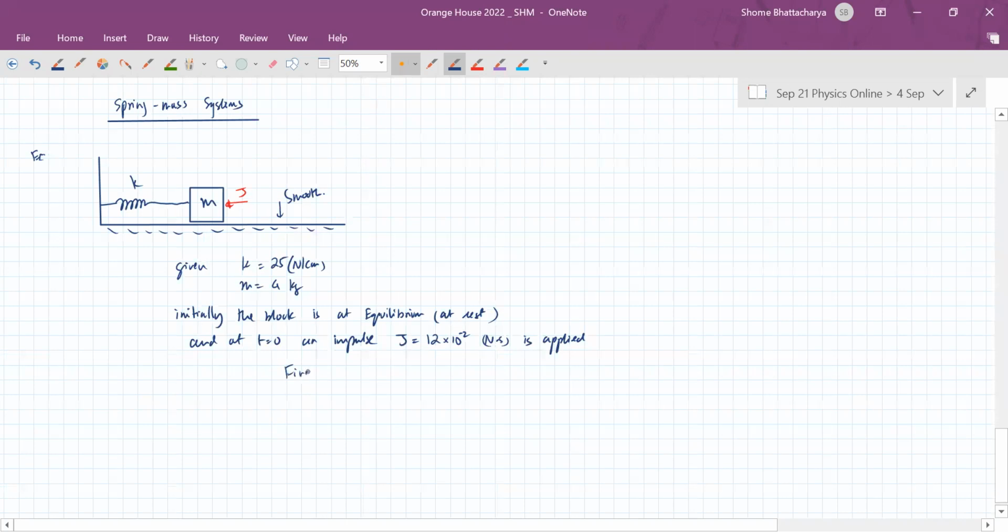So find the time period of its SHM. Then find the amplitude and the phase constant. From that, write the equation of SHM.